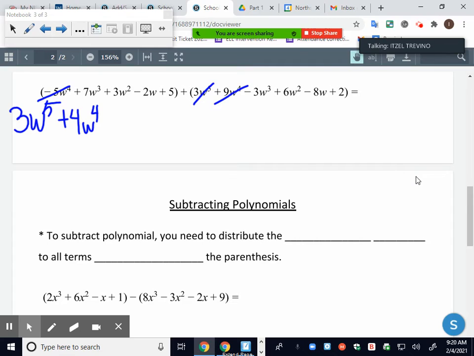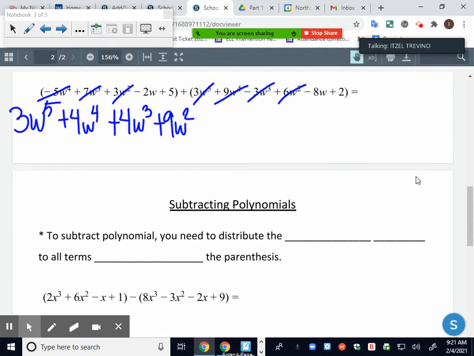And I'm going to work my way down from 5 to no exponent. I have positive 7 minus 3. That gives me positive 4. My variable and my exponent stays the same. Okay. Positive 3 plus 6, that gives me positive 9w squared.